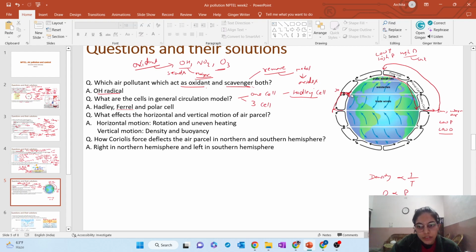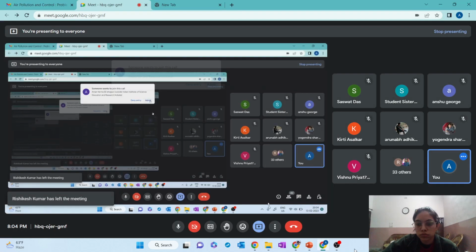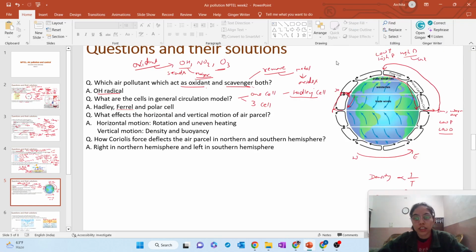Now the air which moves toward the equator is known as trade winds. And you know the earth is moving from west to east, right?